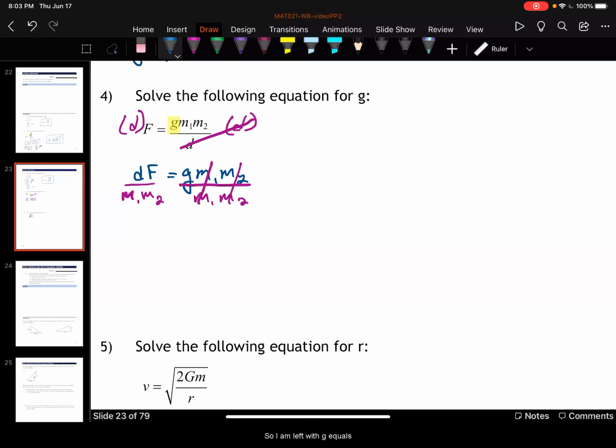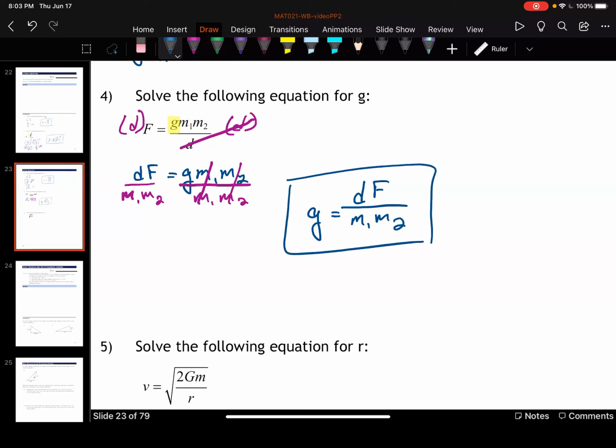So I am left with G equals d times F over m1 times m2 for our final answer. You'll notice in most of these we're not combining anything, we're just moving things around so we have a specific variable alone.